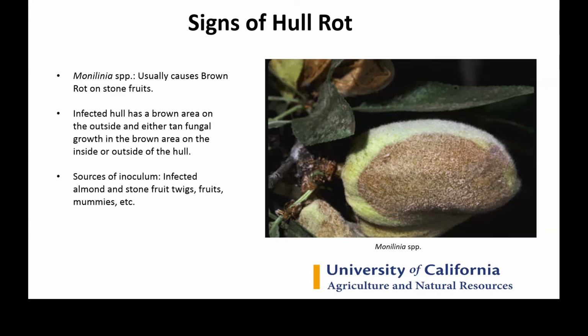So this will tell us later on, when we are going to deal with brown rot, that removing the mummies and sanitation is not only for navel orangeworm. I don't want to get ahead of myself here, but if they are a source of inoculum for other diseases, that will always help us in combating those diseases as well.